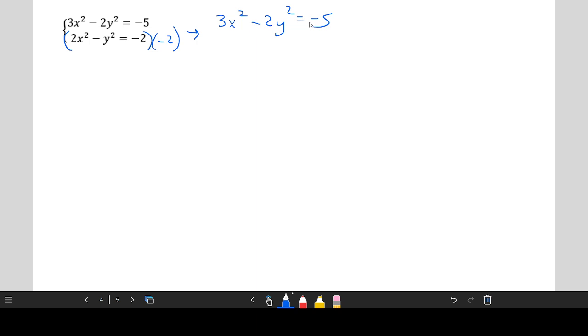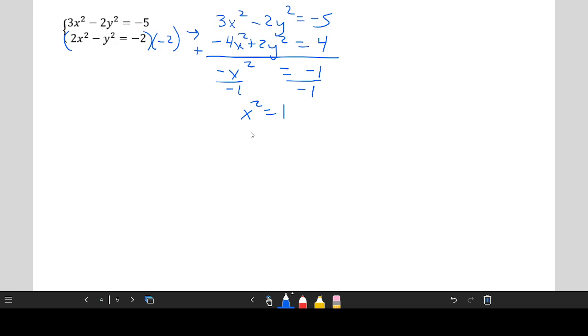I'm keeping the first equation the same, and then in the second equation multiplying every term on both sides by -2. So that's going to be -4x squared plus 2y squared equals +4. And then when we add, we'll have -x squared plus 0 equals -1. Divide both sides by -1, and we have x squared equals 1, which has 2 solutions, 1 and -1.